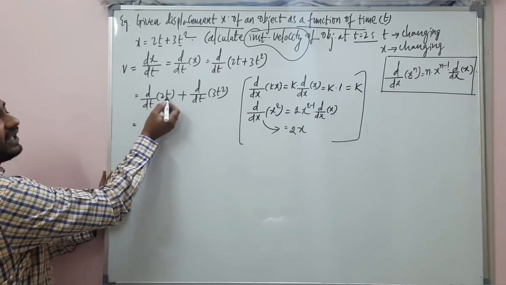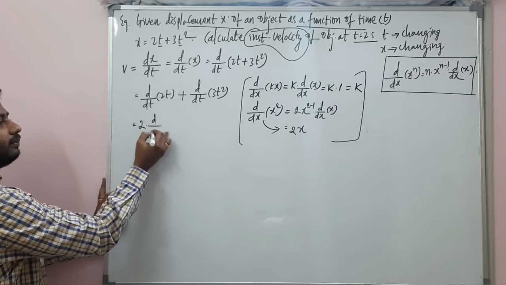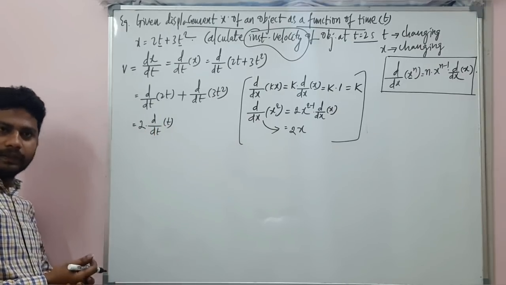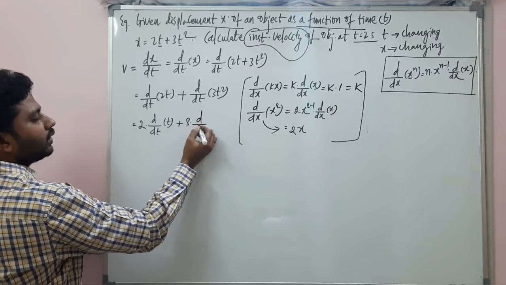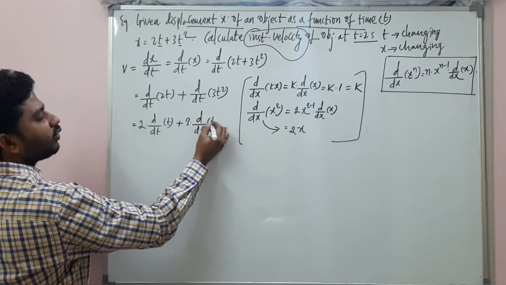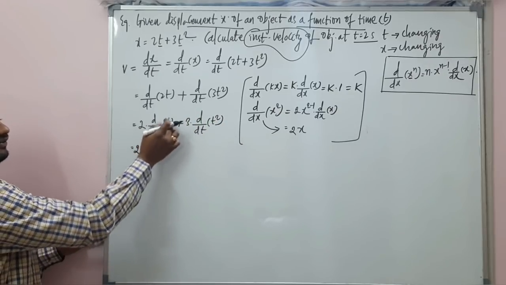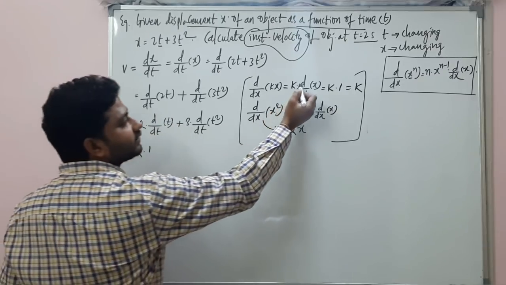Now let's apply here. D by dx of kx form, it is 2 into d by dt of t, no confusions, plus 3 into d by dt of t square, alright. So 2 into d by dt of t, this is 1, dt by dt format.